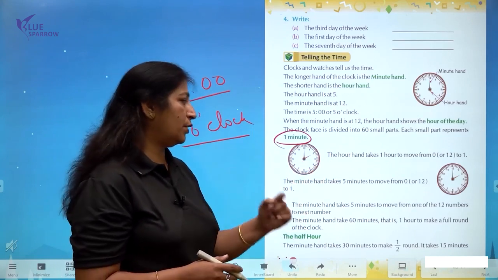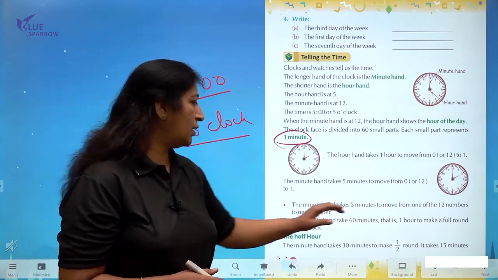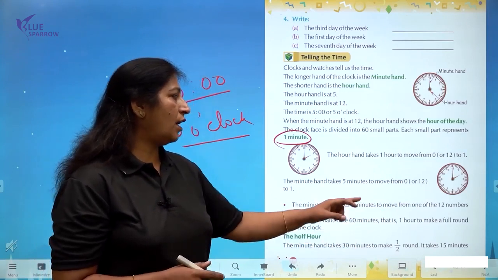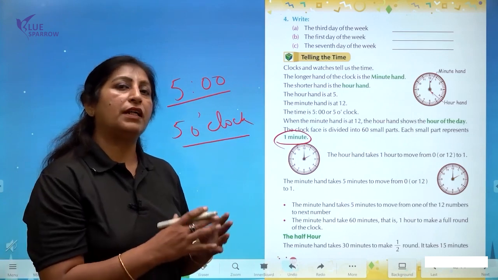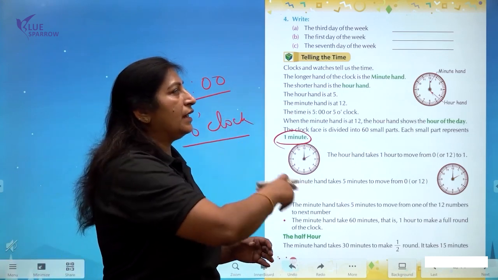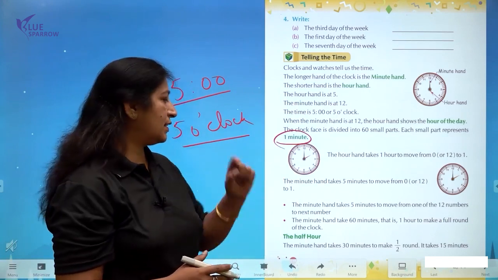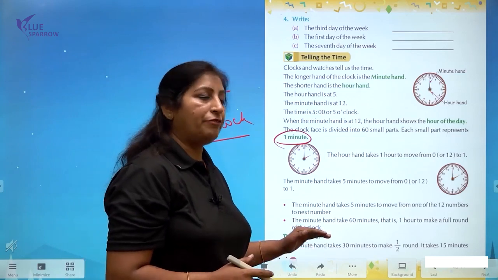The minute hand takes 5 minutes to move from one number to another and 60 minutes, or 1 hour, to make a full round of the clock. When the minute hand completes one round of the clock, it means it has completed 60 minutes. Let's now talk about the half hour.